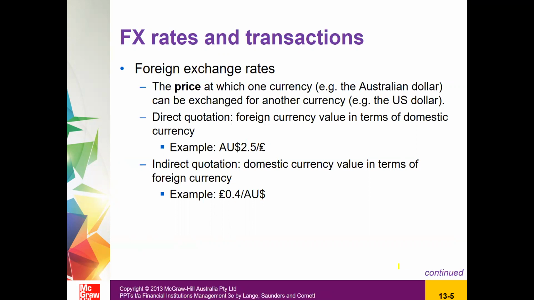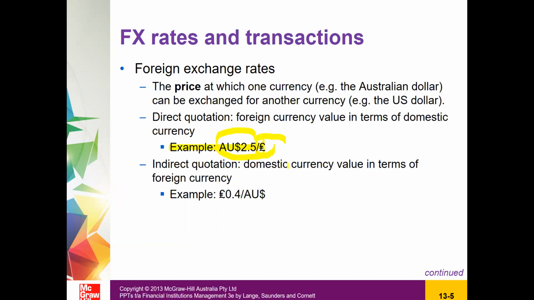Direct quote is the amount of home currency received for 1 unit of foreign currency exchanged. You can see the example here: $2.5 received for each British pound. So that's a direct quote: the amount of home currency received for each unit of foreign currency.